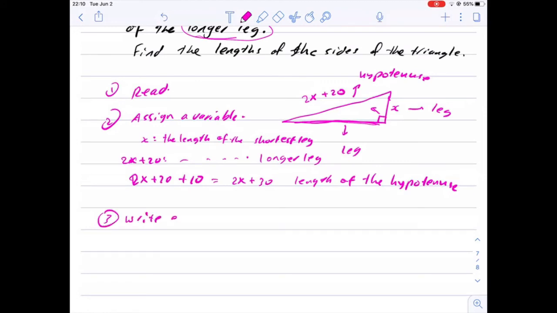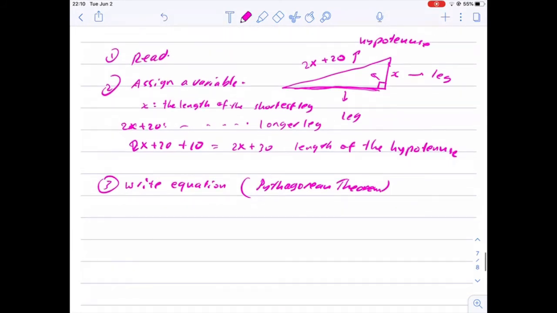We write the equation. Since we have a right angle triangle, we use the Pythagorean theorem. And this theorem says the hypotenuse squared is equal to the sum of squares of the two legs, or the other sides.